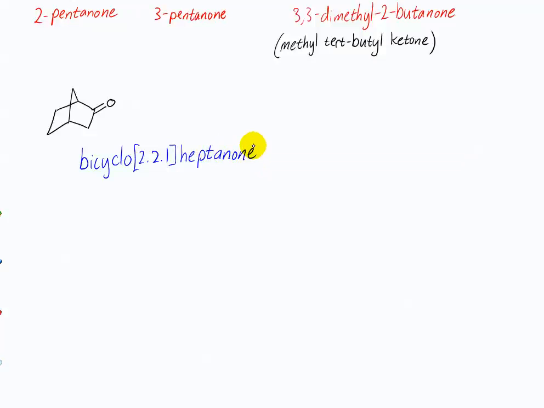Now, how do we indicate where the ketone is? How do you number these things? It's 2, that's right. You start at a bridgehead, which is where these things come together, whichever one is going to give you the lower number, and then you start numbering around either the largest ring or toward the functional group. So this is going to be 1, 2. So that's going to be 2. Actually, it's probably clearer if we put it in here.